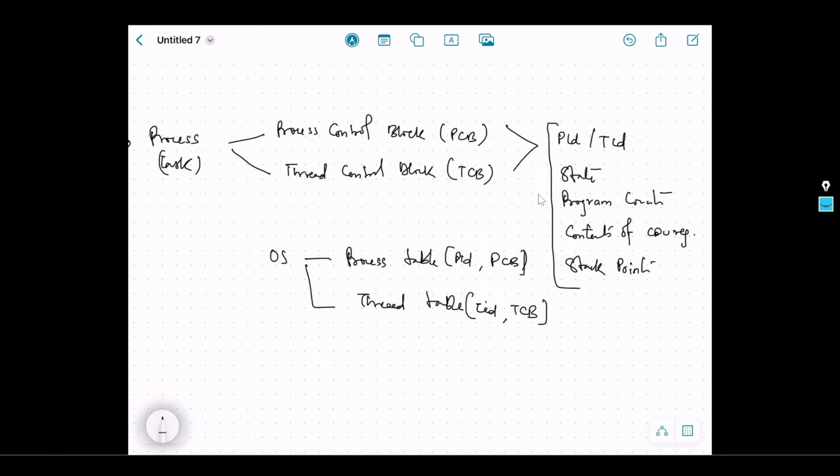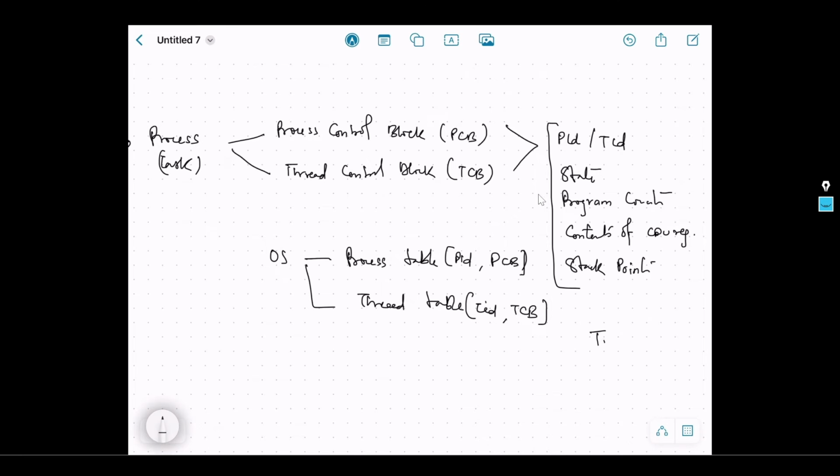These data structures help the operating system in management and context switching. So for example, when a task is getting context switched or when the CPU is switching between different threads, the information required to store or to restore will be picked from the corresponding PCBs and TCBs.